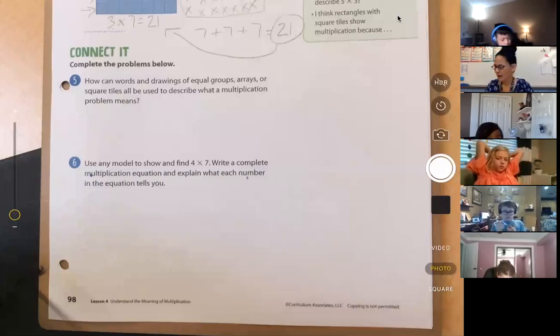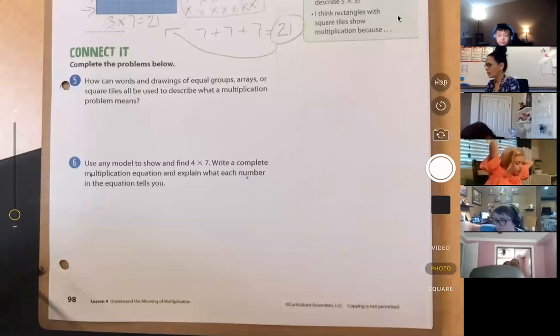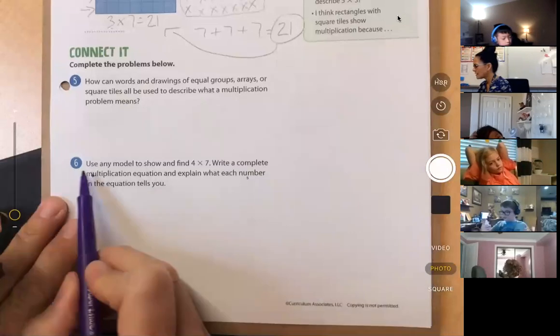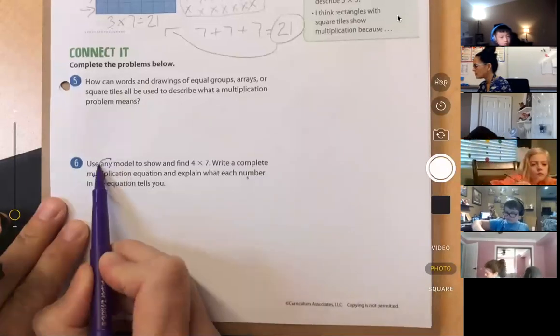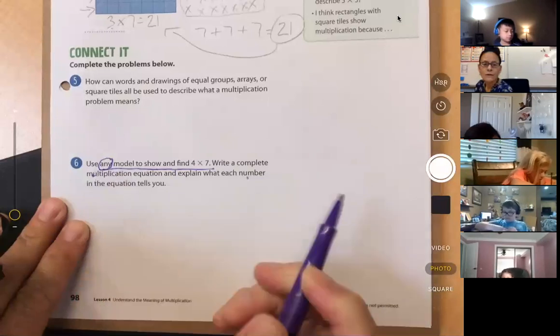So this is where I will always encourage you to close read, to make absolutely sure that you are answering every question that is being asked of you. So, super important. It is saying use any model to show and find 4 times 7.